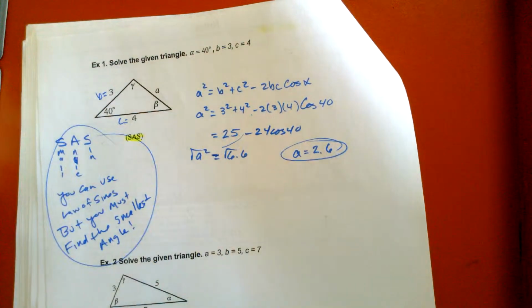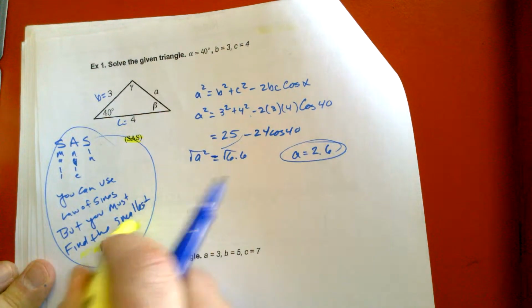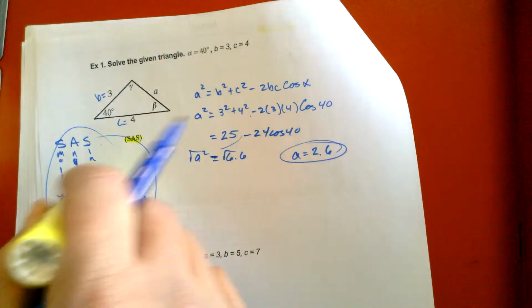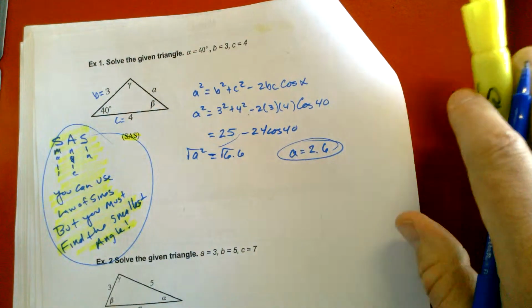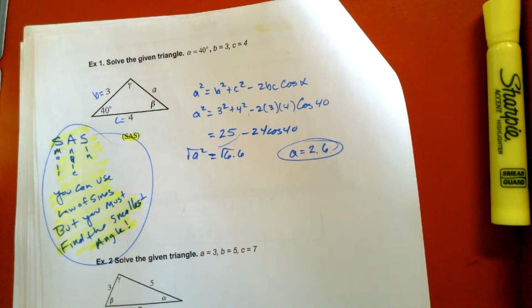So if you have a SAS triangle, a side angle side triangle, you can, in the second step, switch to law of sines, but you have to find the smallest angle. Because inverse sine does not find obtuse angles. And it sure looks to me like gamma's obtuse, doesn't it? Just from the drawing, it looks like it's a little bit bigger. Okay.